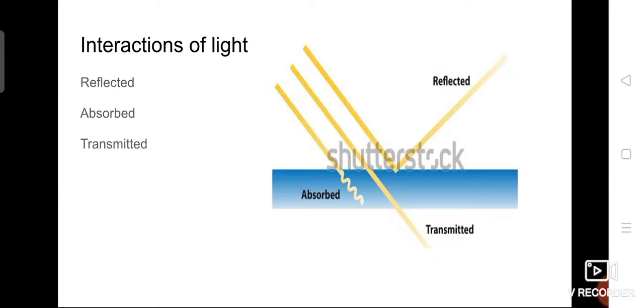So it depends upon the amount of incident light. Incident light is what? The amount of light which falls on the object. After that, how much light is reflected, absorbed or transmitted, based on that only we can classify the object as transparent, translucent or opaque.